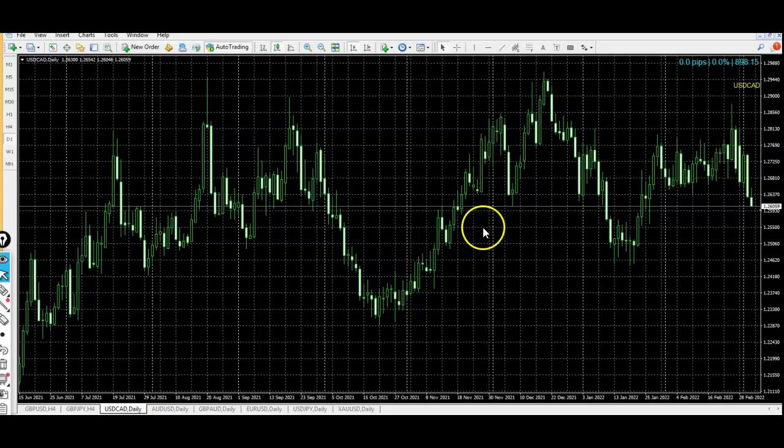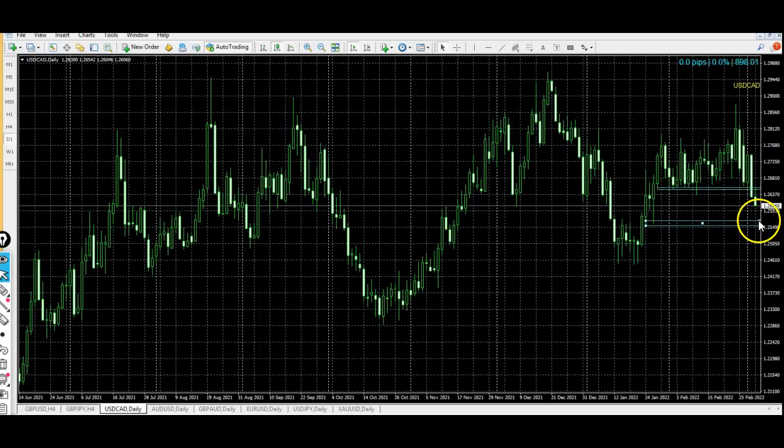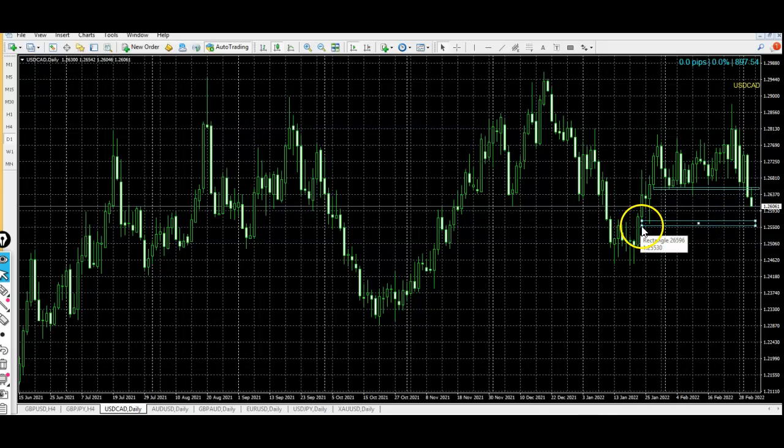Okay, let's look at the USD CAD. USD CAD is falling, and we see this acted as a good support zone, but it's now failing. It's broken below, and it's likely to come down here. There's some support there, some demand zone there, here, and then ultimately down here.